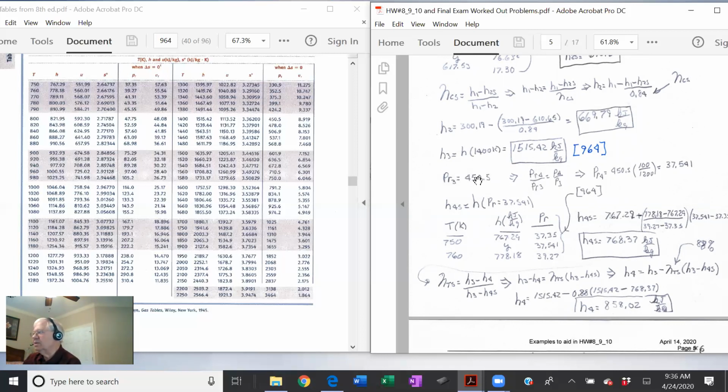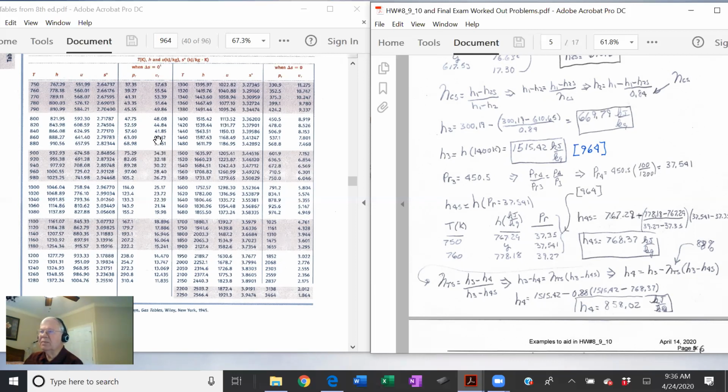PR3, we just looked up directly. P4 is 100 kilopascals. PR4 is PR3 times P4 over P3, and I get 37.541. So I know state 4 has a PR ratio of 37.541.